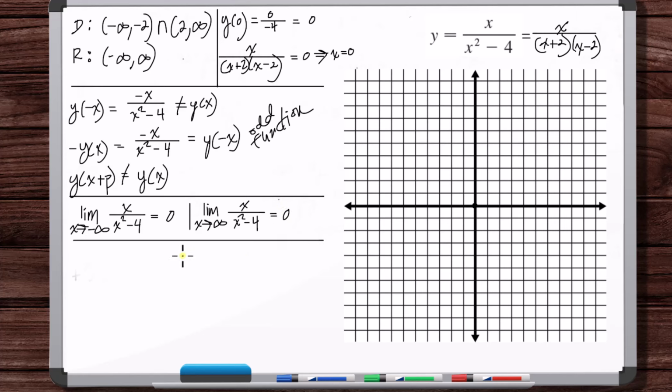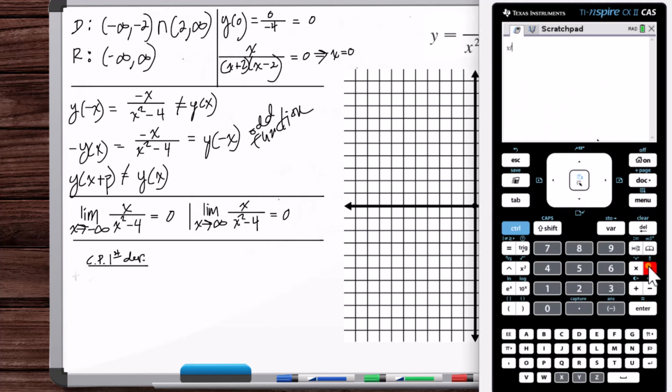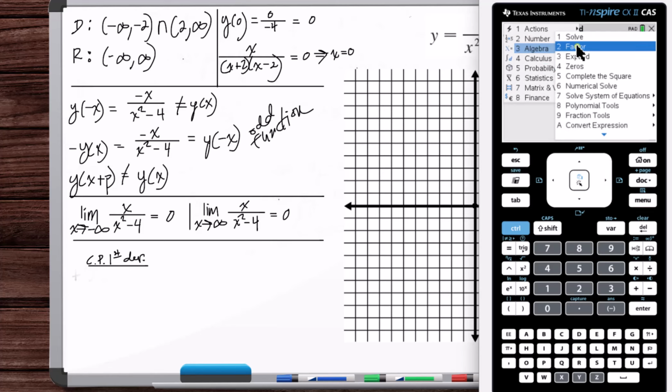All right, next step, let's get the critical points, both with respect to the first and second derivative. So critical points, first derivative, okay, let's solve for where this is equal to 0.